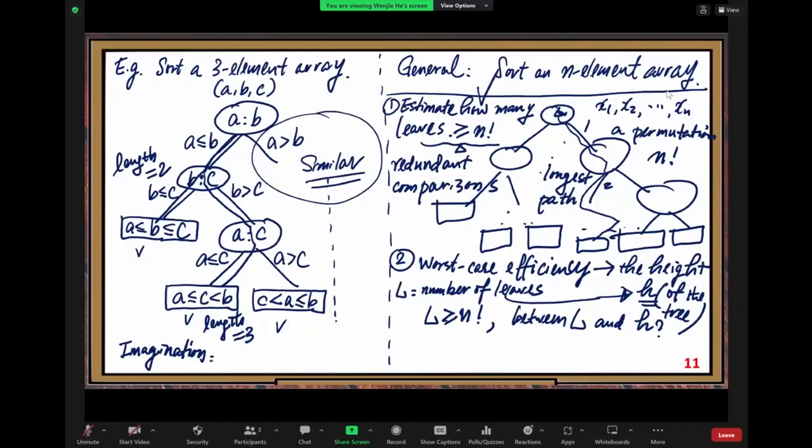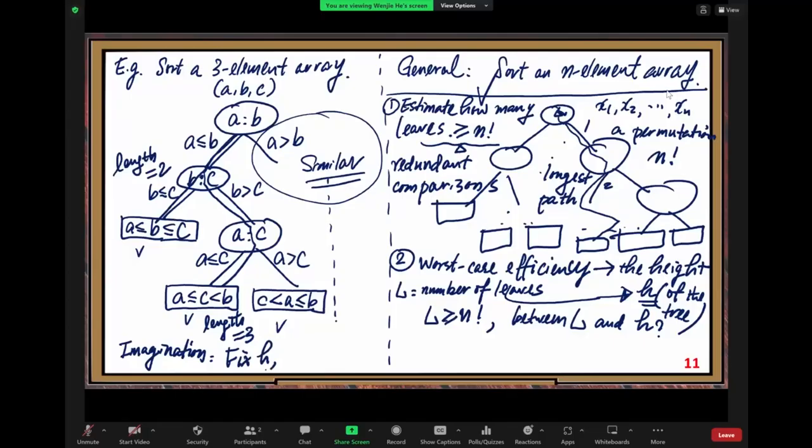given the height of a decision tree. First we fix the height h. When you do consideration, we fix that height h, so you draw a binary tree with height h.